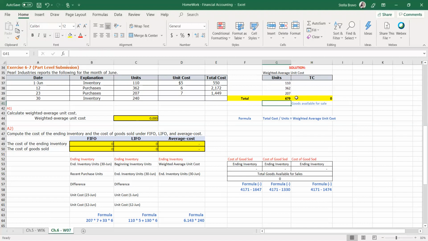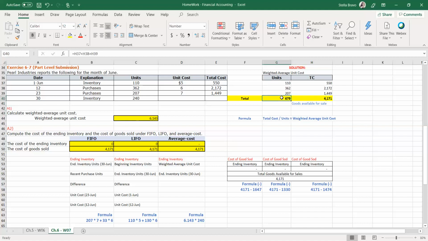To find the goods available for sale, we need to sum the total cost. So let's duplicate this amount here. And if you see here, I already have all the amounts summed. Here we have the goods available for sale is 4,171.